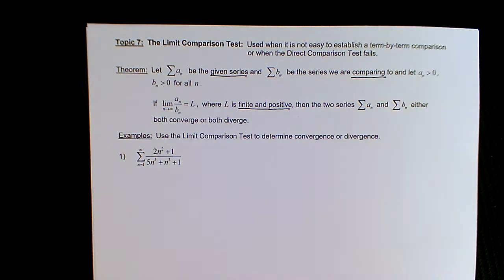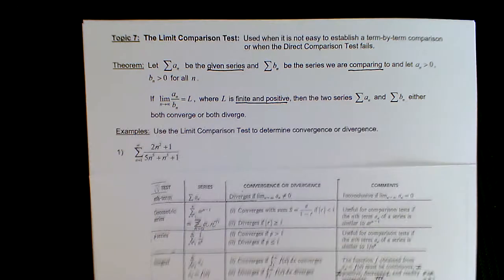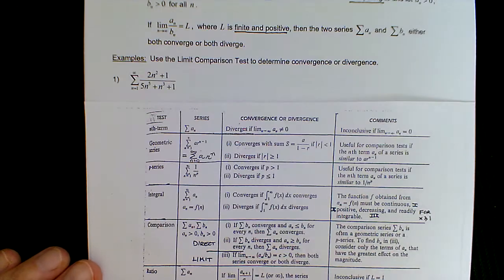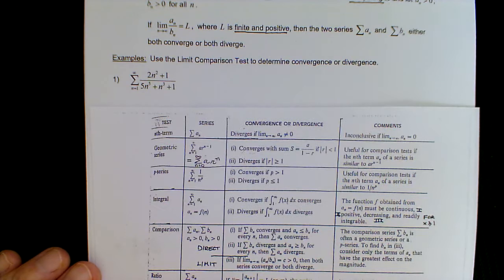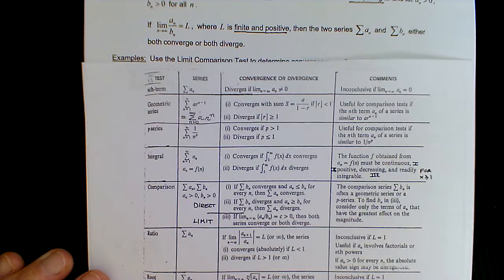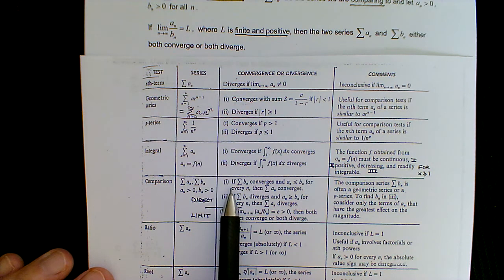Now, the one thing about the limit comparison test that I didn't mention here in the notes, but is evident on this table, so remember our special table, you can see that we've already doctored it up a little bit. I've already told you about letter I under the comparison cluster.